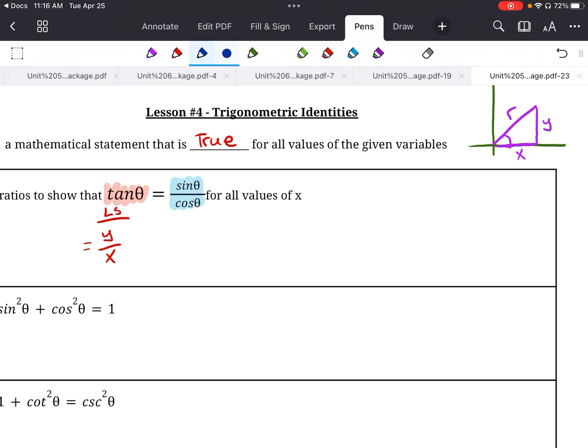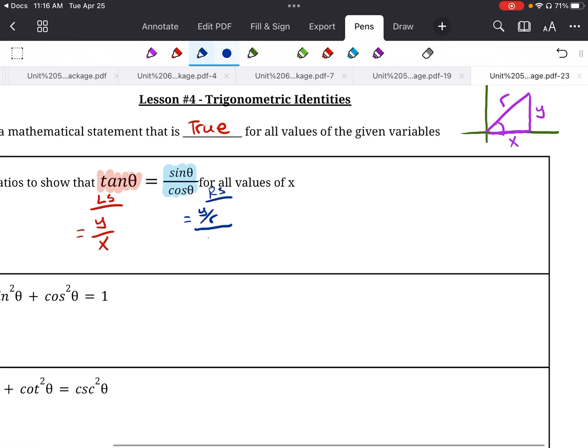But on the right side, we have sine theta over cos theta. And sine we know is opposite over hypotenuse, so we have y over r divided by cos, which is x over r. Now when we're dividing fractions, since we have two fractions now, we're going to leave the first one the same, and we're going to flip the second one and multiply.